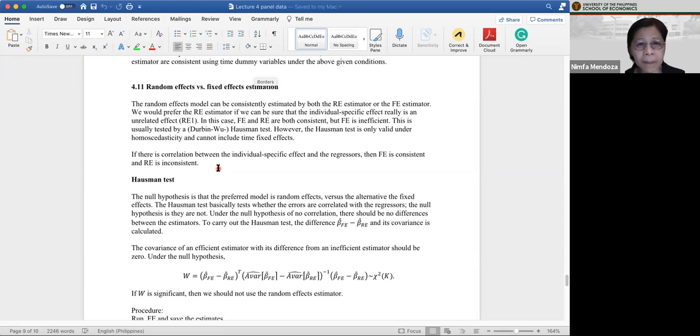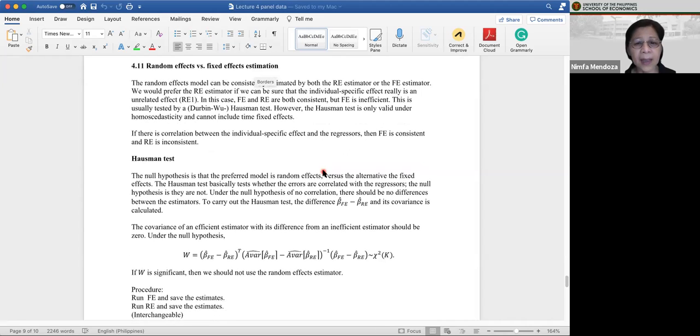If there is correlation between the individual specific effect and the regressors, then it is the fixed effects that is consistent and random effects is inconsistent. So the choice between RE, random effects, and FE, fixed effects, is primarily determined by whether the individual specific effects, c sub i, are uncorrelated or correlated with the explanatory variables or the regressors.